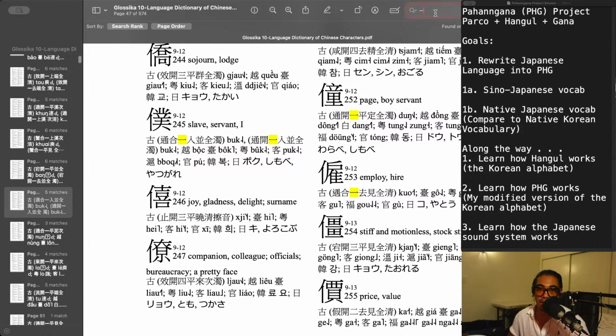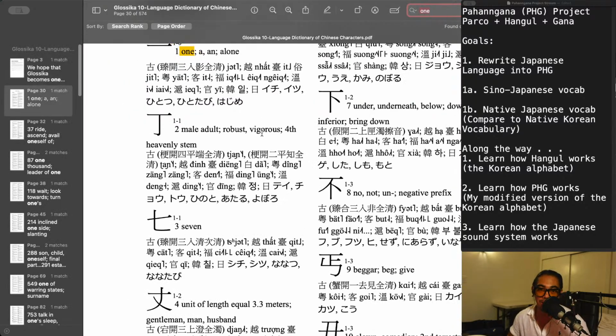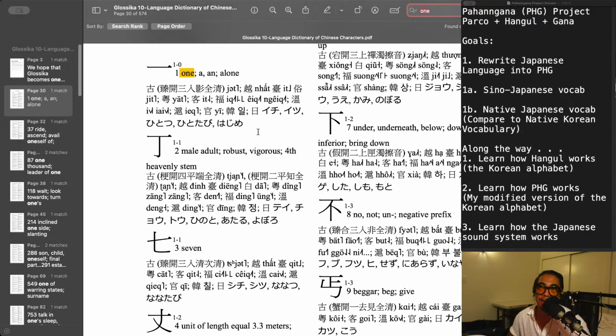So let us find one. It is actually a little bit hard. There we go. I just have to be a little creative. So here we go, this one's interesting. In Korean, we have il, and in Japanese, we have ichi and itsu.